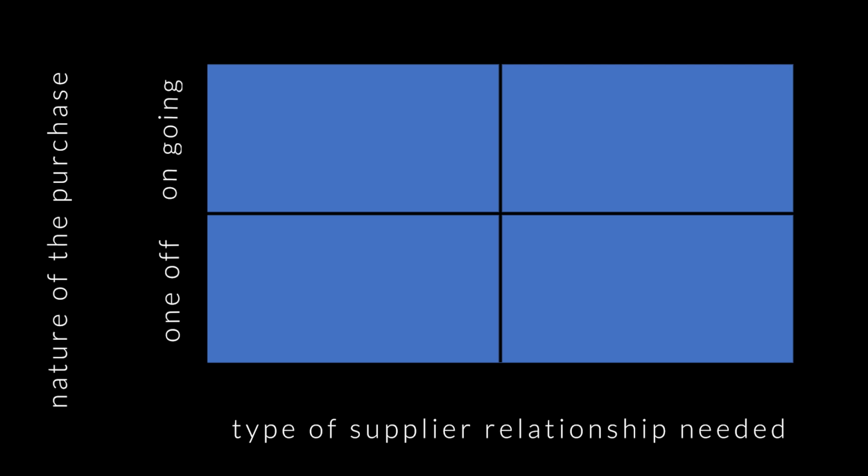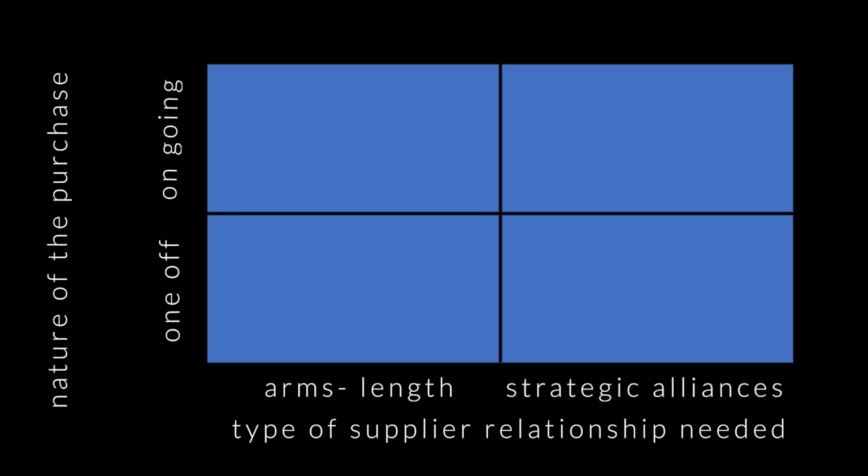In this case, you're looking at procurement in terms of nature of the purchase. Is it one-off? Is it ongoing? Against type of the supplier relationship needed, that is, is this arm's length or strategic alliance? And so you end up with 4 quadrants. That is number 1, leverage. So these are items purchased in large quantities that are made for stock.